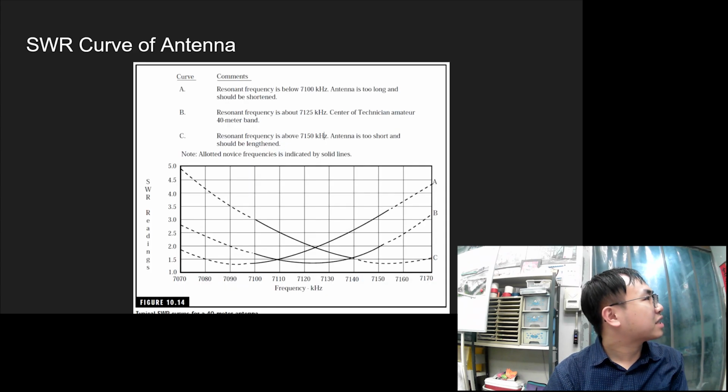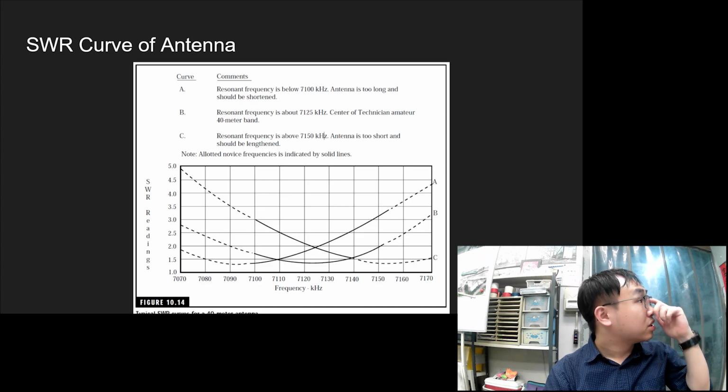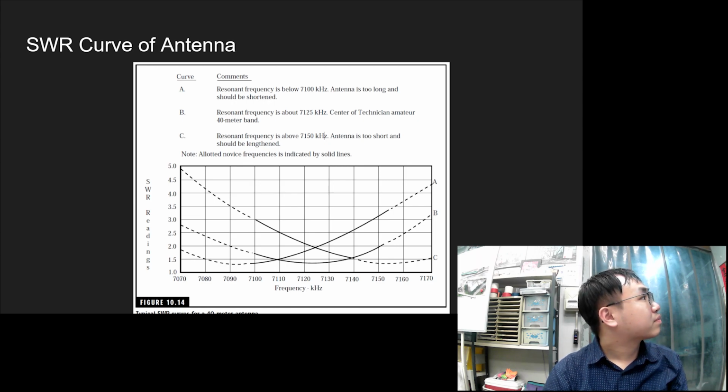I put it here. Testing setup. Curve of antenna. So you see that there are 3 different antennas here. I'll use A as an example first. No, just a minute. I use B. This one is B, the middle one. So you see that the resonance frequency is 725 kilohertz, around here, right?